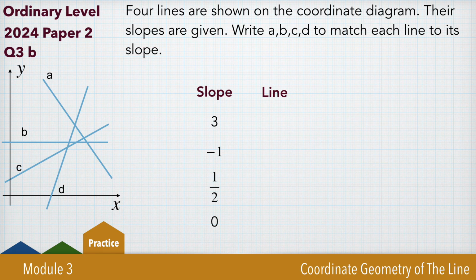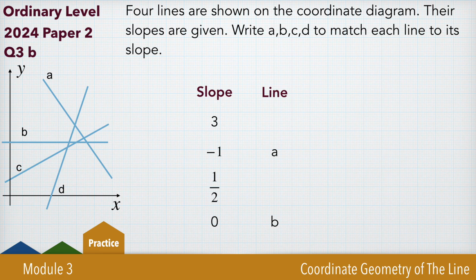We know that a horizontal line has a slope of 0, so we can match this slope with the line B. On the diagram, there is only one line that is decreasing from left to right, which implies a negative slope. Therefore, we can match the negative slope of -1 with the line A.